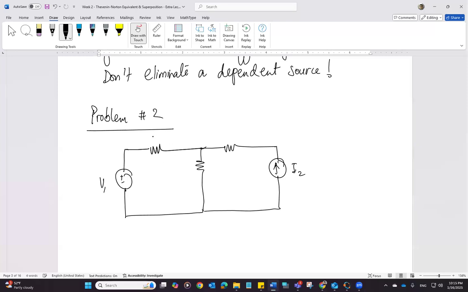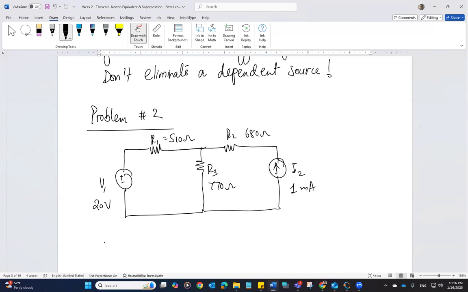Let's call it V1, R1, R2, and R3. V1 is 20 volt. I2 is 1 milliampere. R1 is 510 ohms. R3 is 770 ohms. And R2 is 680 ohms.